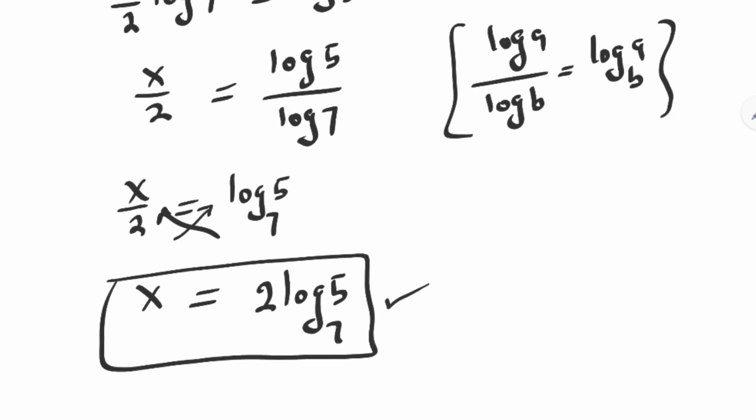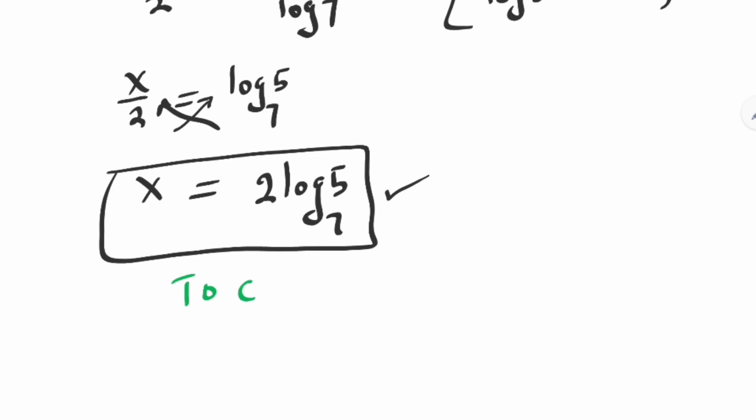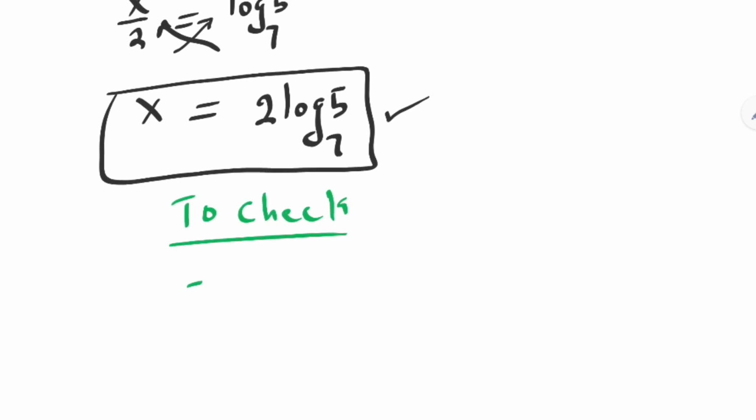We may check to confirm if this answer is right or wrong. Let's check. To check, we have the given equation 7 raised to power s minus 4 multiplied by 7 raised to power s over 2 minus 5 is equal to 0.